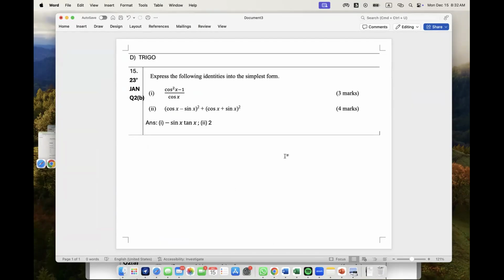For number 1, the cos square x minus 1 to be divided by cos x. How do we simplify it? Anyone? Sine square, cosine square. What is that? From the question, we have cosine square x minus 1 over cosine x. Right. So from here, what can we do?